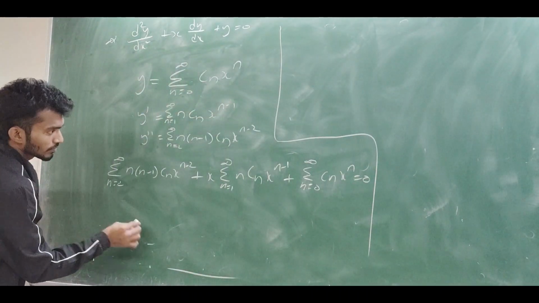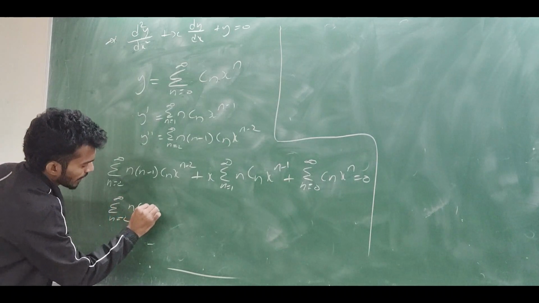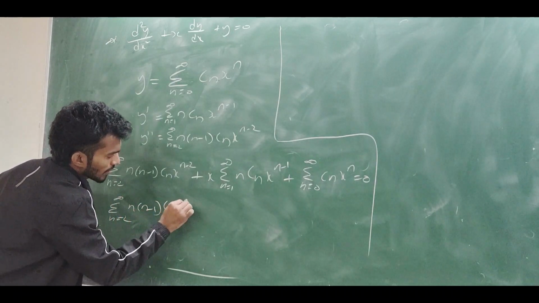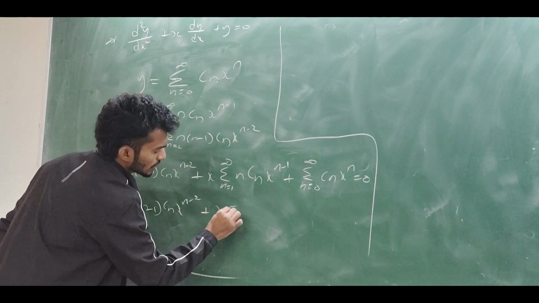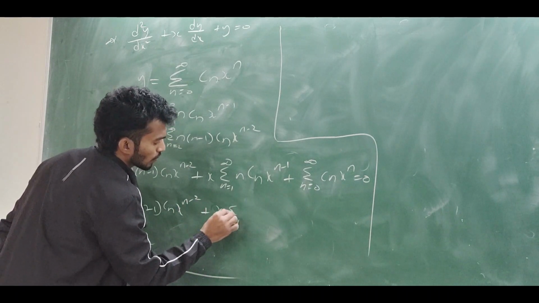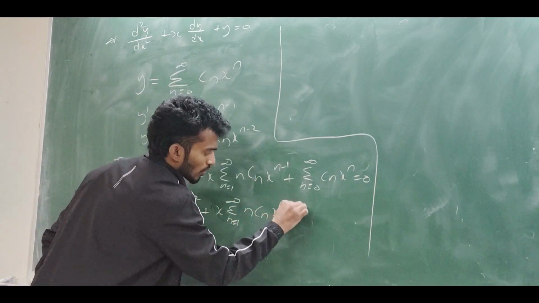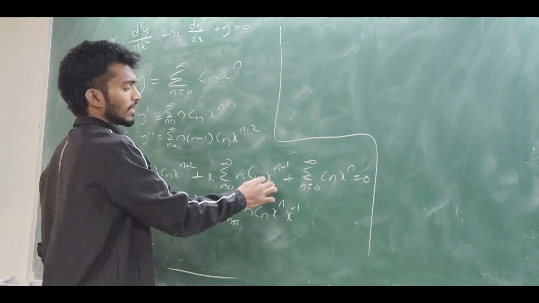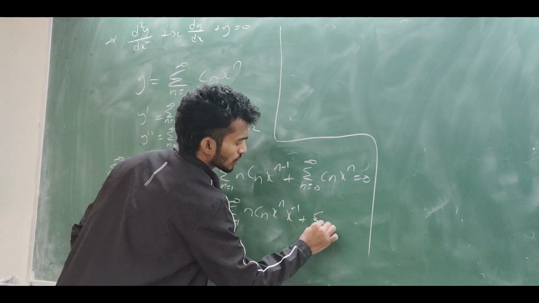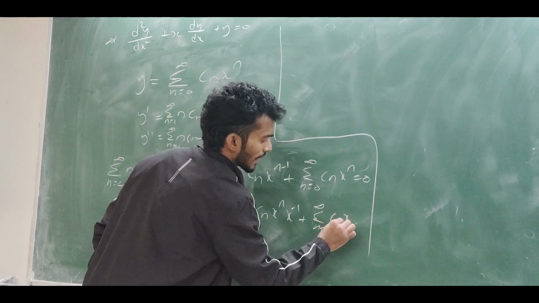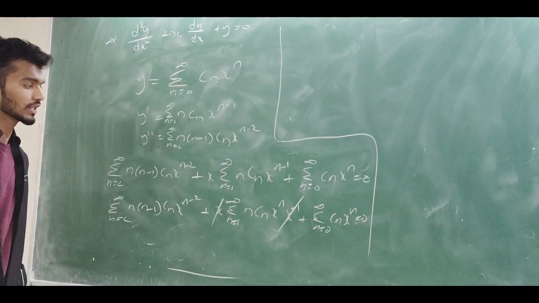See here, in the second term x into x power n minus 1 is x power n into x power minus 1 times x, and x and x power minus 1 got cancelled.